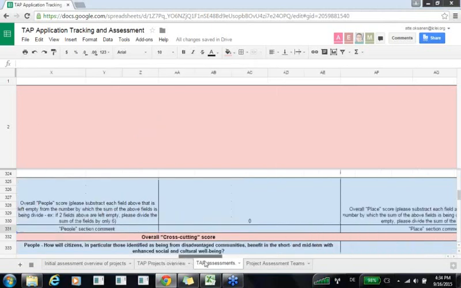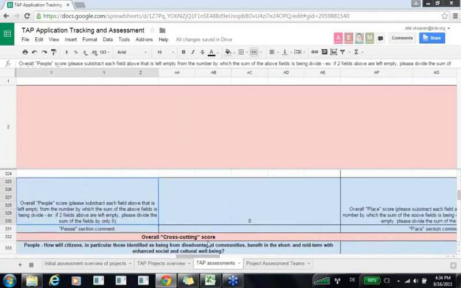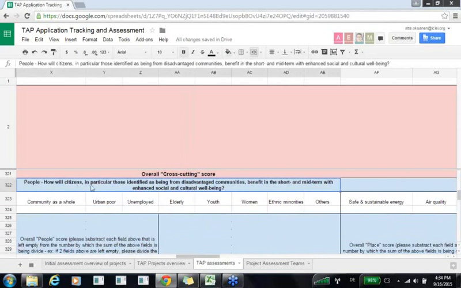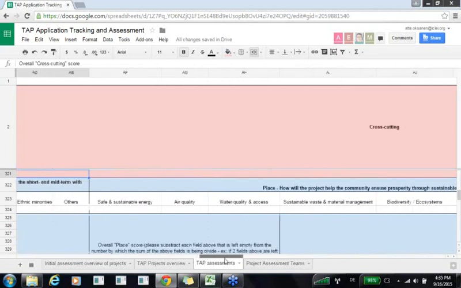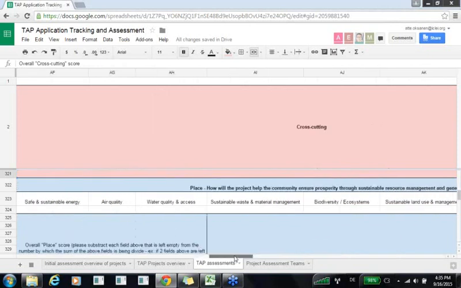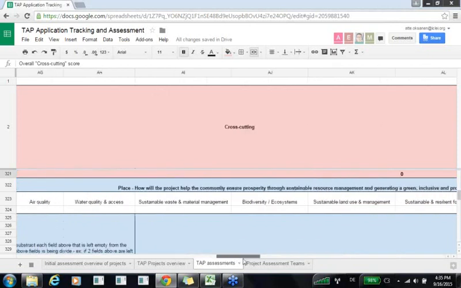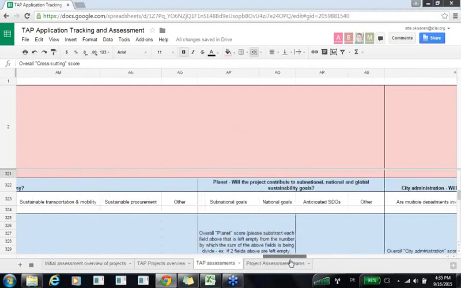All right, let's move on to the next big section. So that's the cross-cutting section. So this one is a bigger section, there's more information here that has to be provided because for us, our definition of cross-cutting involves seeing how the project affects people, the place, meaning the environment of the local government of the applicant, and the planet.